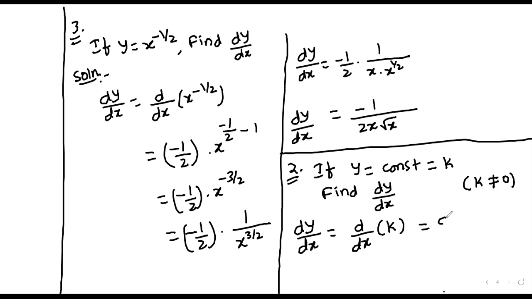I can write k as k multiplied by 1. I will write 1 as anything power 0 is 1. So k times x power 0. Is it fine?